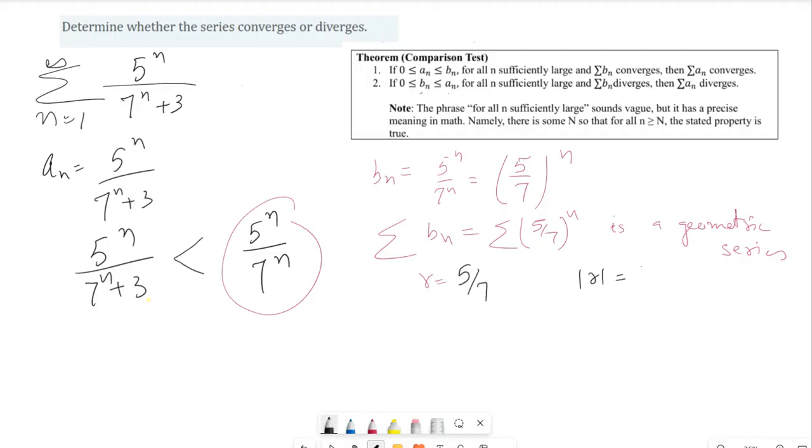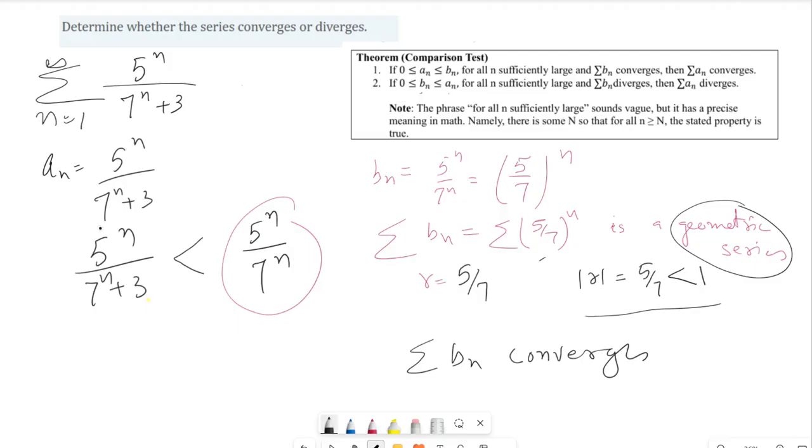Absolute value of r is 5 by 7, which is clearly less than 1. Therefore, whenever r is less than 1, this geometric series sigma Bn converges.